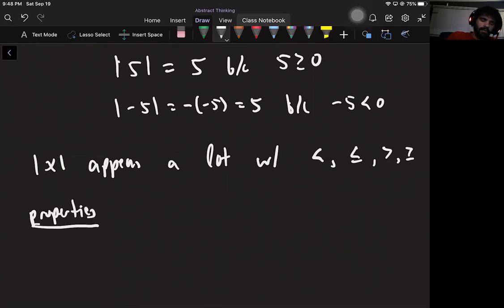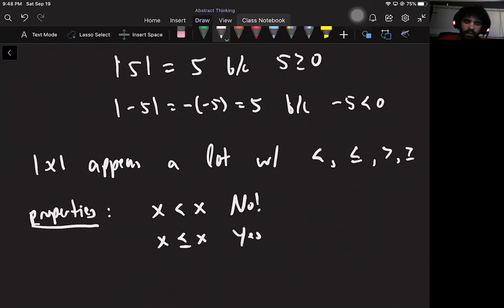So for example, you would never say that a number is less than itself. But you could say that x is less than or equal to itself just because it's equal to itself. So it still counts as being less than or equal to.